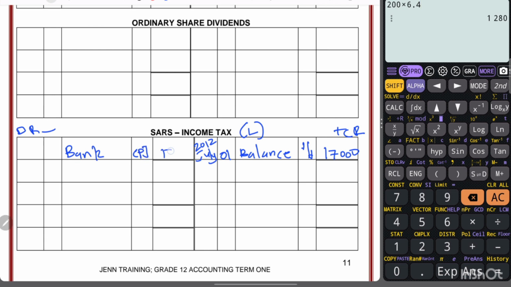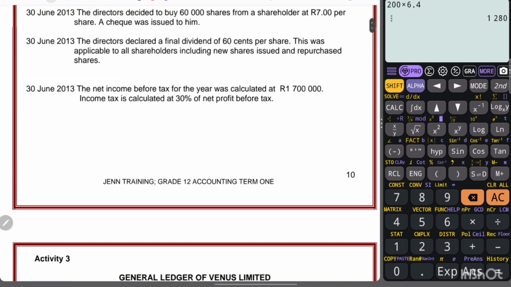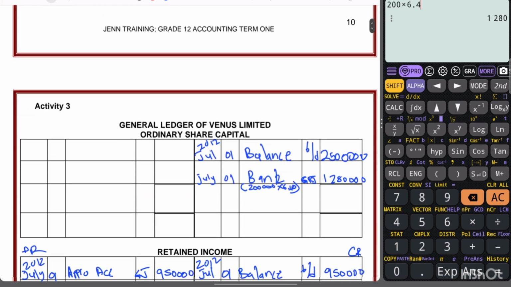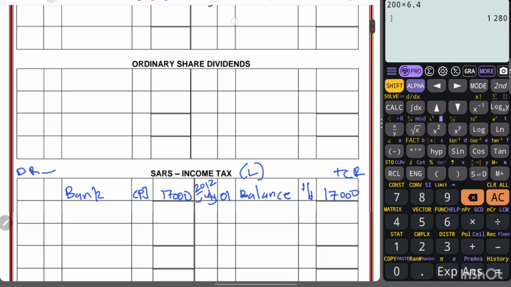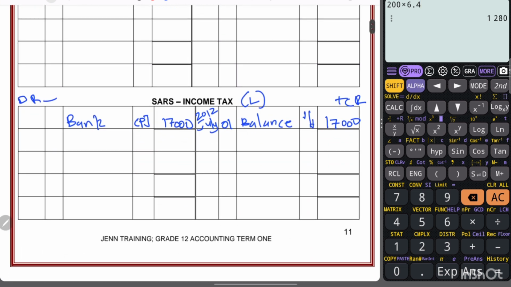We are paying the 17,000 that we were owing. We paid it on 30 July, 2012. Then we are no longer owing SARS now.